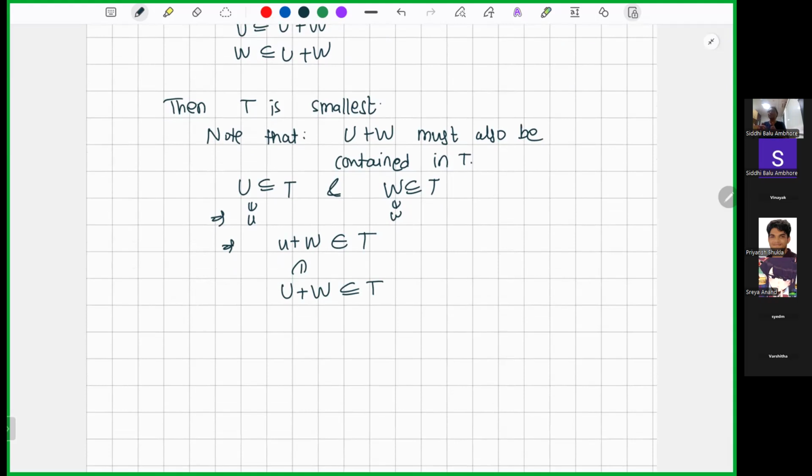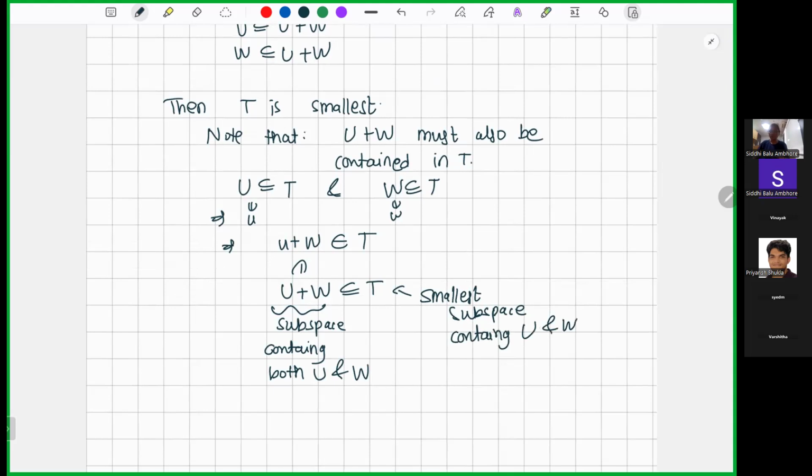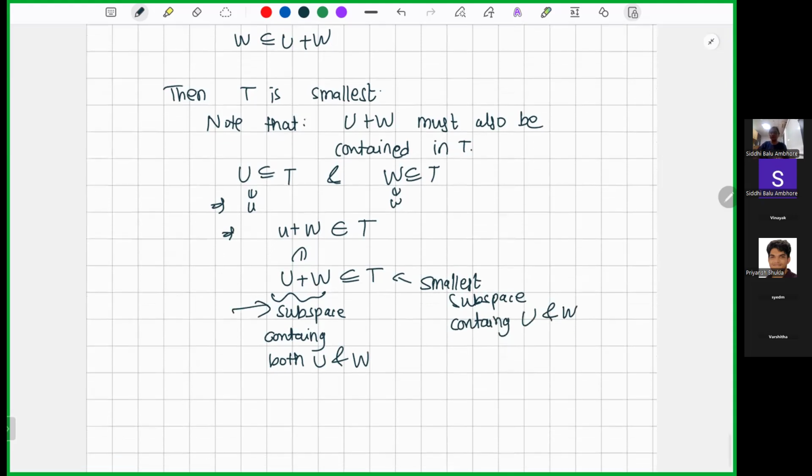But T was the smallest subspace containing both U and W, and this U plus W is also a subspace containing U and W, and it is contained in my T. So what will that imply?